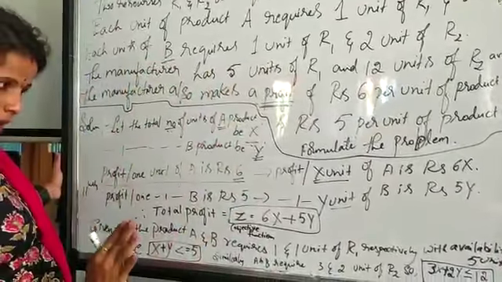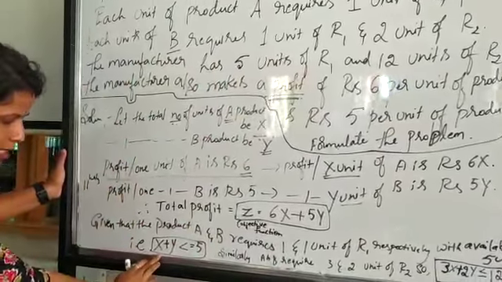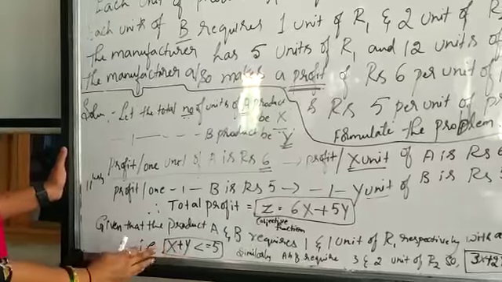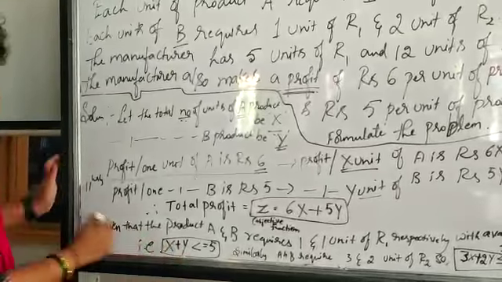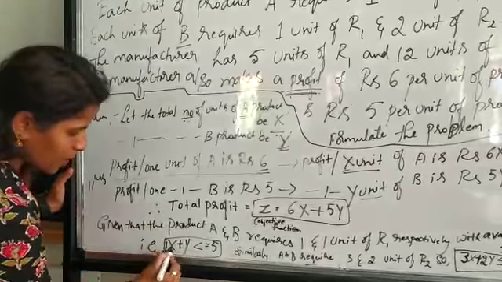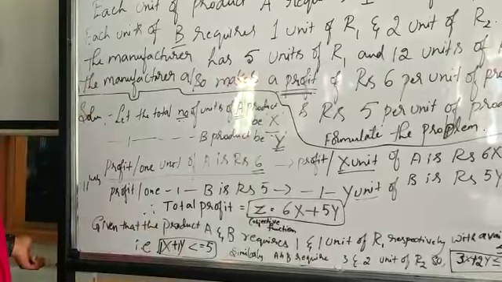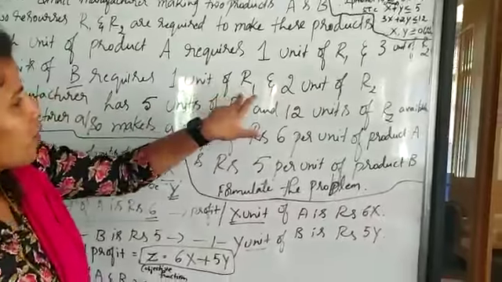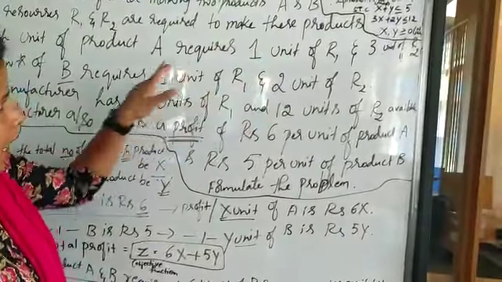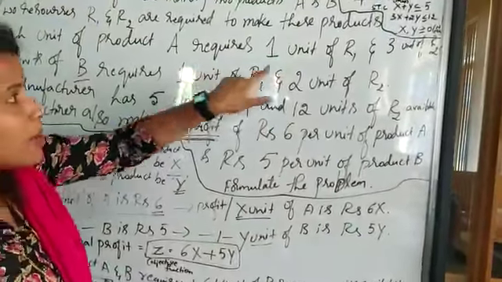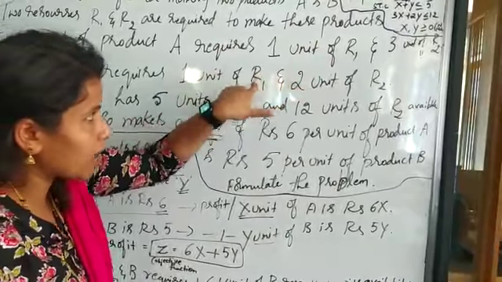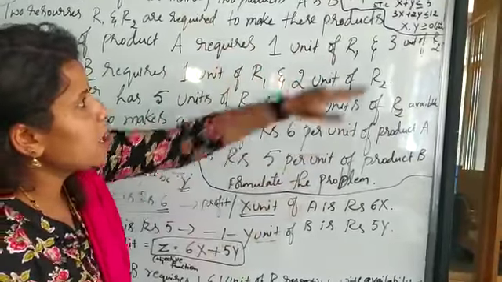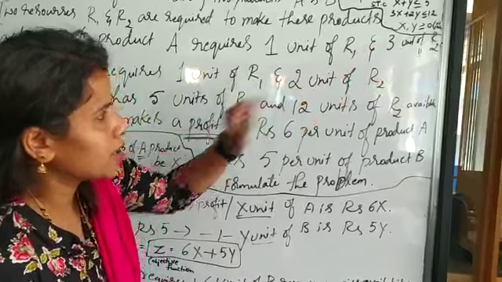So it is clear that 1x plus 1y, which I have written directly as x plus y, is the requirement of R1 for A and B. And next I am taking 3 and 2.